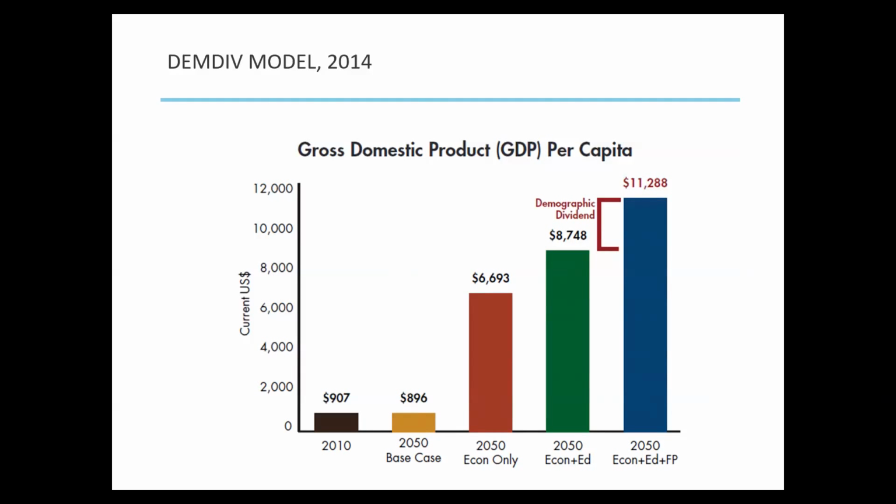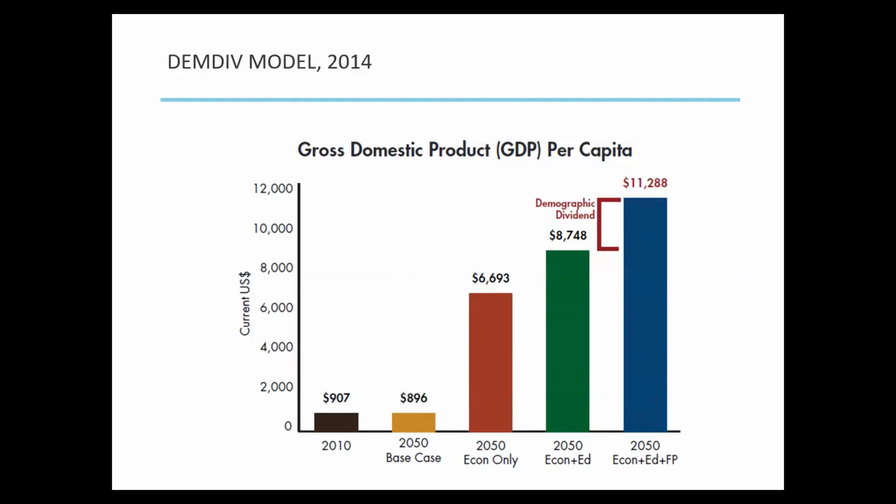You can see that they show on the far left a current GDP per capita. Then they show a 2050 base scenario in which you don't invest any further in family planning, and there's not much age structure change, and there's also no changes here in the economic and education variables.